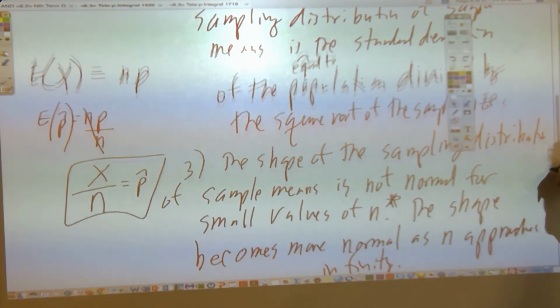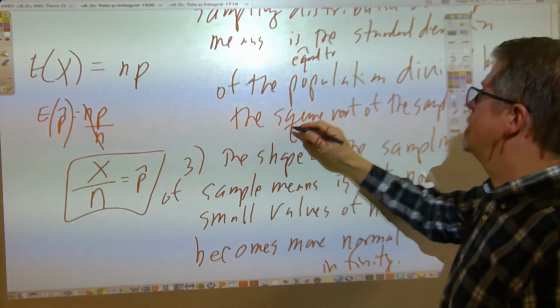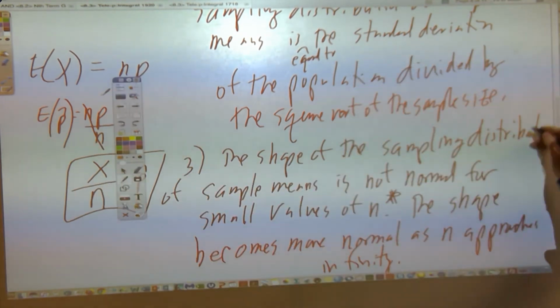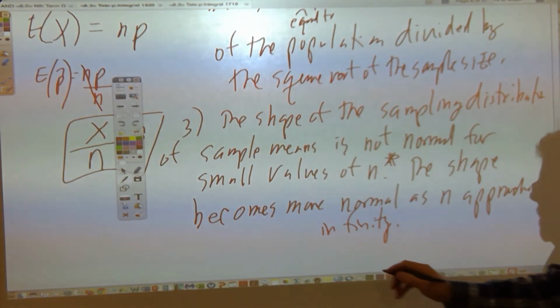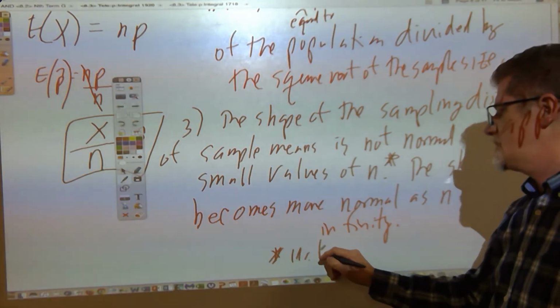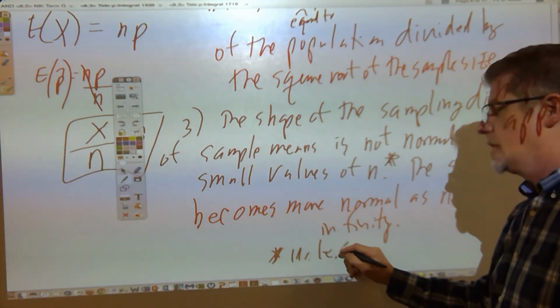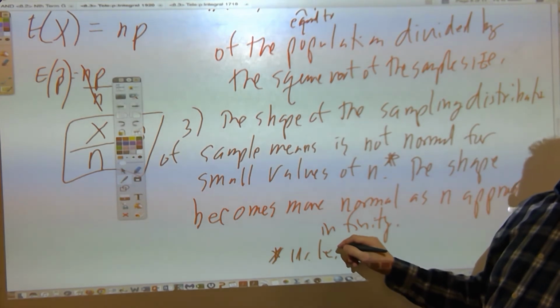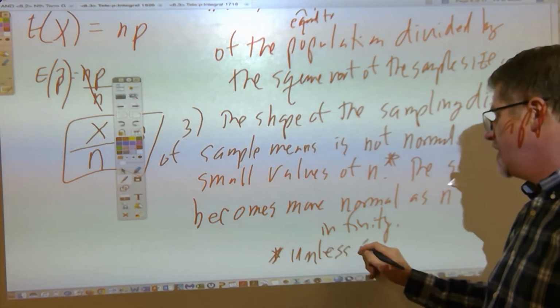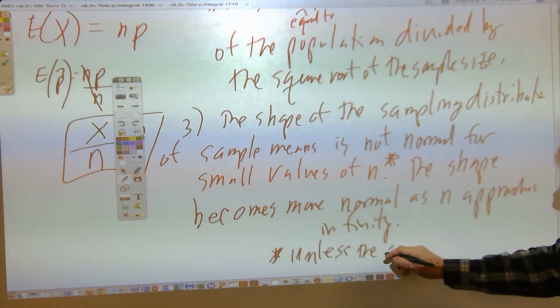So, the asterisk is on the shape, and we have to define what the asterisk is. Asterisk, unless, and yeah, please wait till I call on you, and then you can talk. Unless the underlying population is normal.